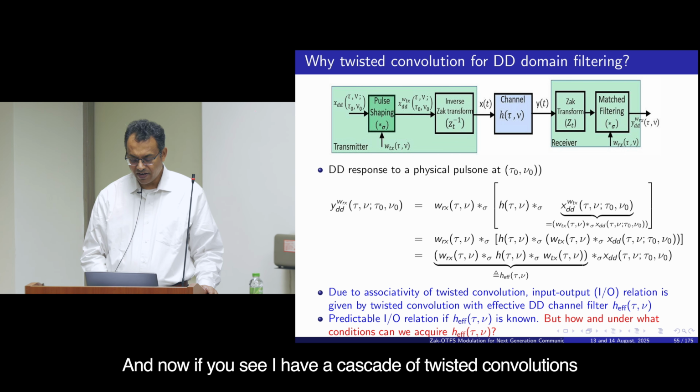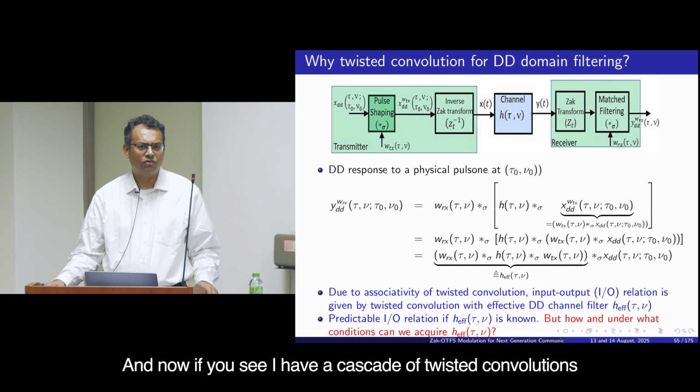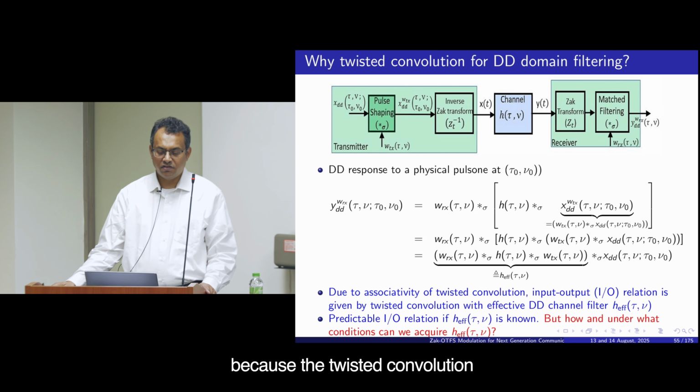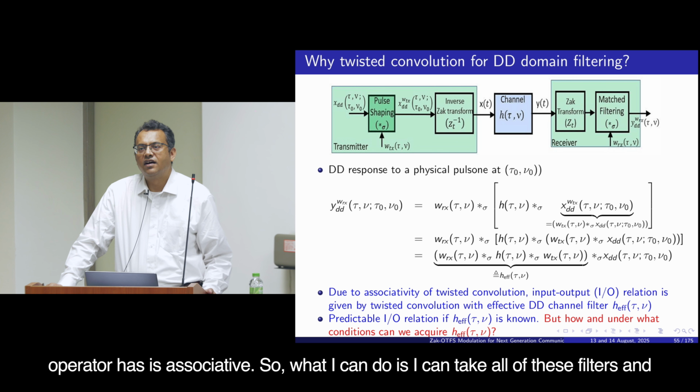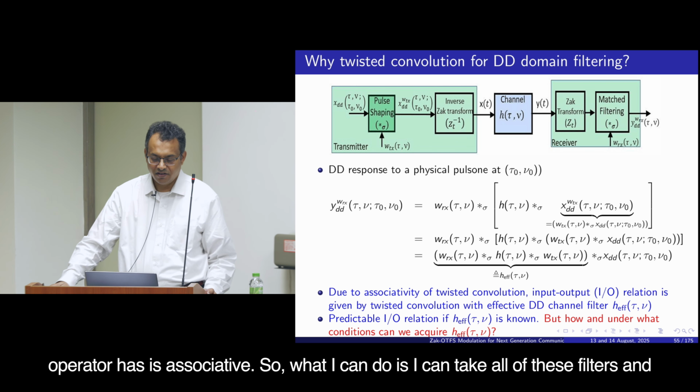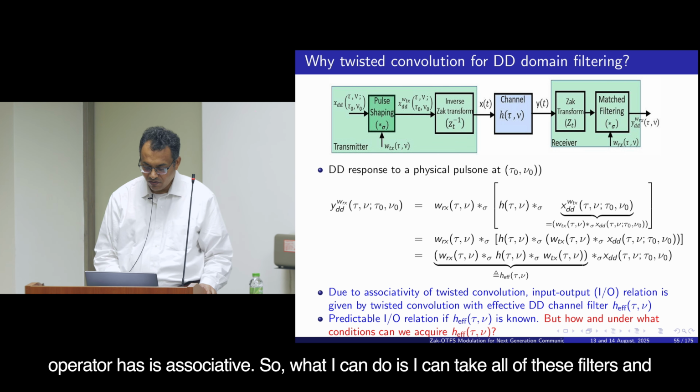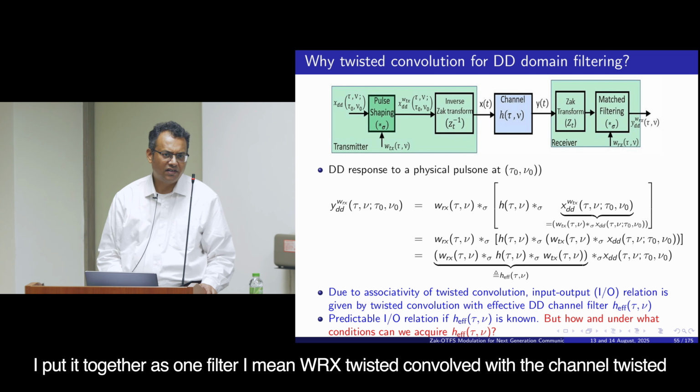And now, I have a cascade of twisted convolutions, because the twisted convolution operator is associative. So, I can take all of these filters and put them together as one filter.